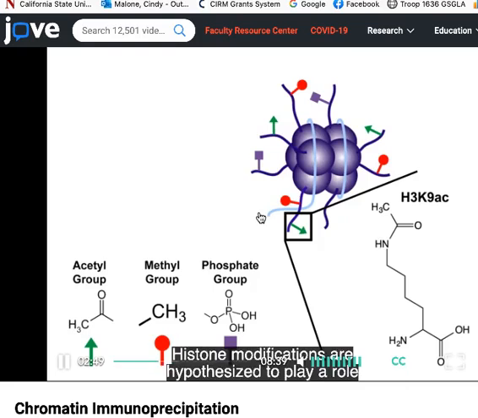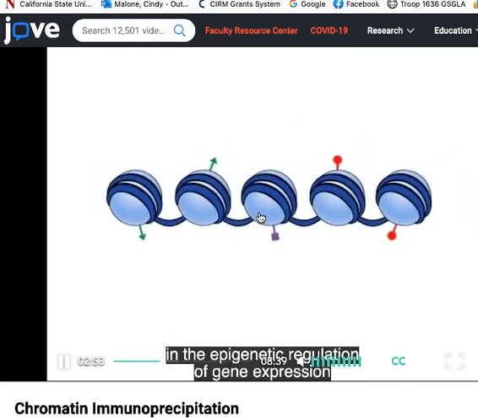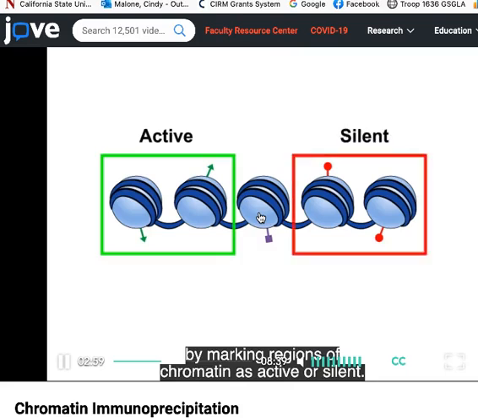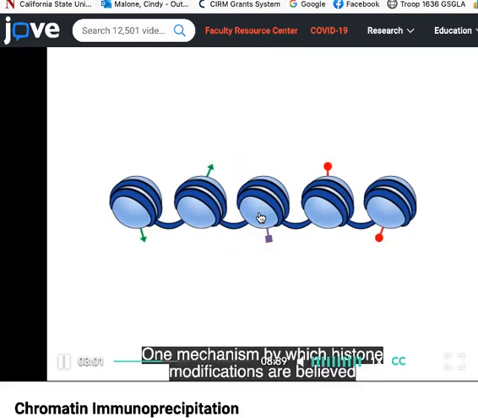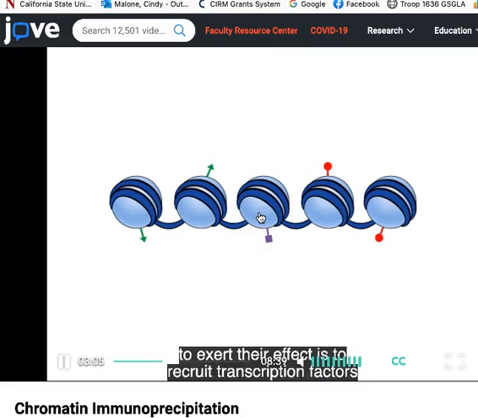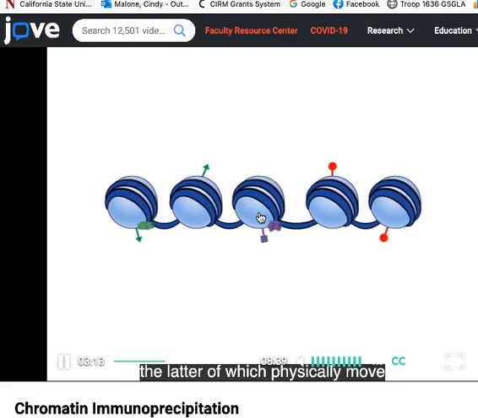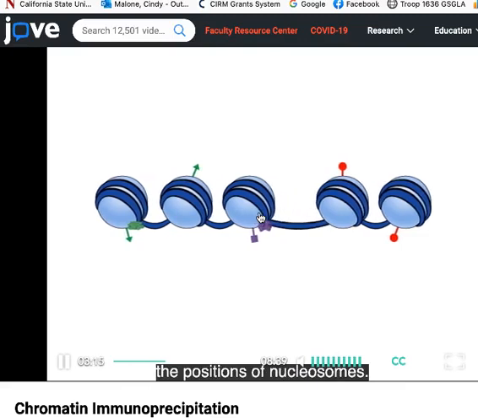Histone modifications are hypothesized to play a role in the epigenetic regulation of gene expression by marking regions of chromatin as active or silent. One mechanism by which histone modifications are believed to exert their effects is to recruit transcription factors, or chromatin remodeling enzymes, the latter of which physically move the positions of nucleosomes.